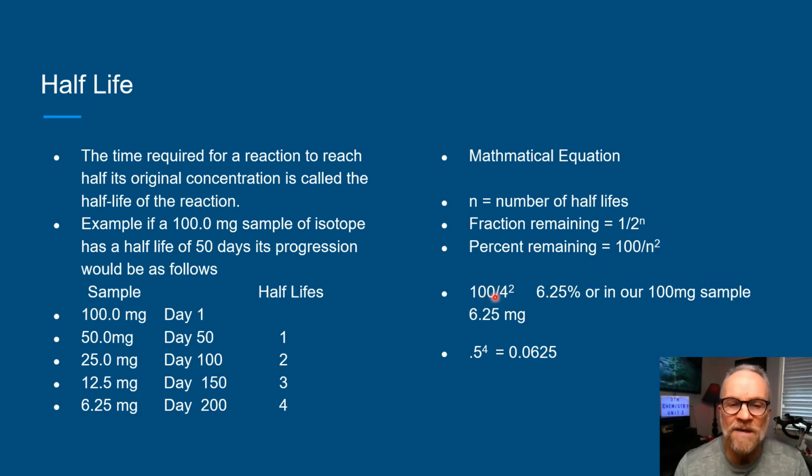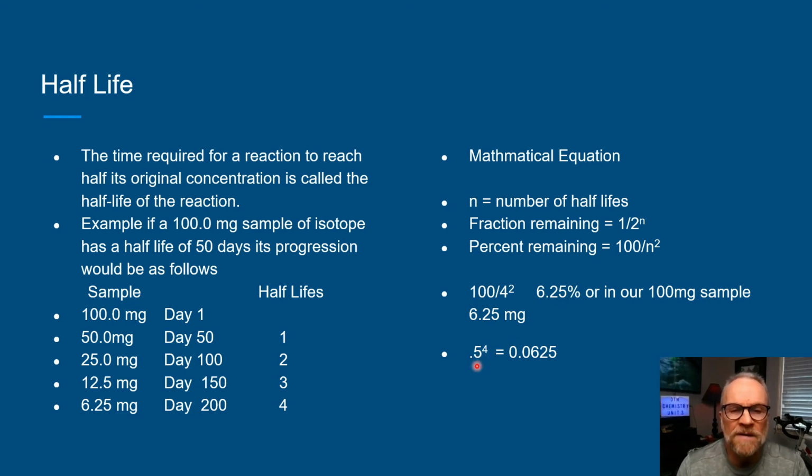So here in our example where we started with 100 milligrams of a sample and go through 4 half-lives, if you take 4 half-lives and divide by 2 to the 4th, or 16, you would get 6.25% of your sample remaining. Here in that example, it would be 6.25 milligrams since we're starting with 100, that would be 100% of your sample. You'd end up with 6.25 remaining.